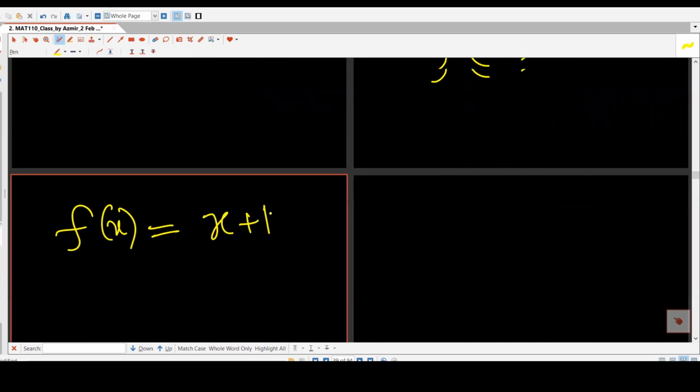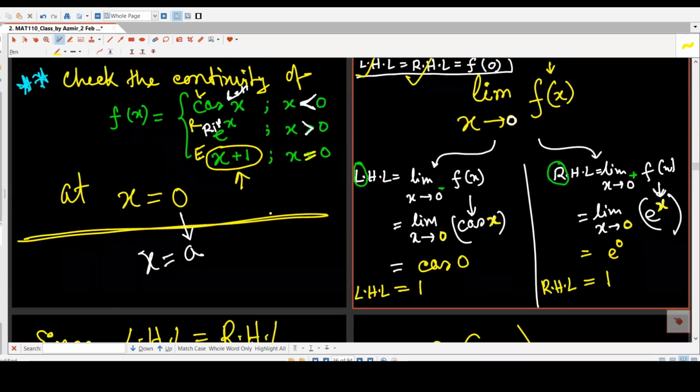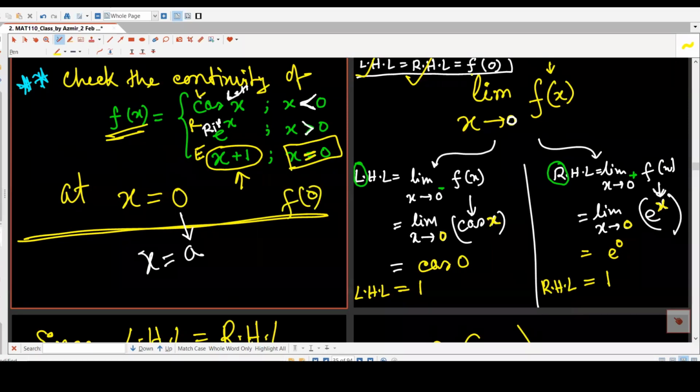Let's try to understand why we have chosen x plus 1, because now we are trying to evaluate the functional value of f of x only at x equals 0. That's why f of 0 is written here.